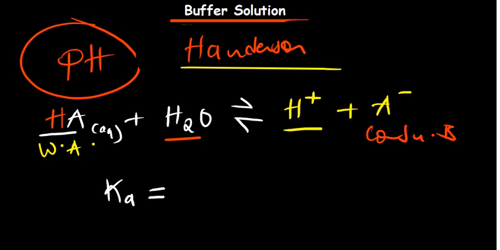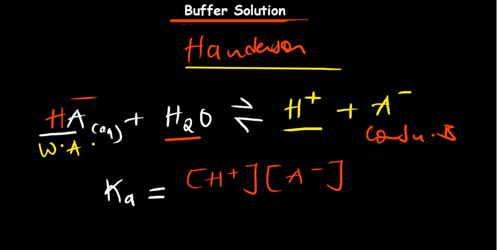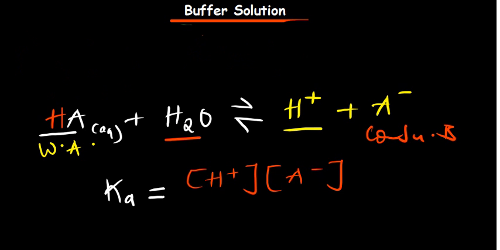So we expect the protons and the conjugate base, denoted by A minus, which is just something I'm using to represent the actual acid.